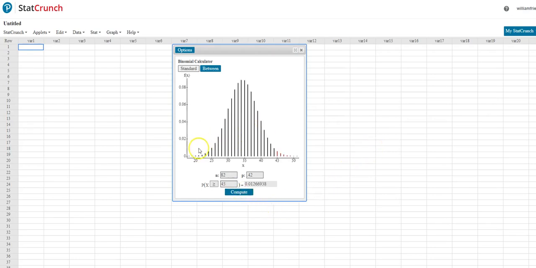So here's the nice little normal looking graph. The red part corresponds to the part that's greater than or equal to 45. And here's the probability, 0.012666938. So that's the probability that a team with a winning percentage or probability of success of 0.42 wins at least 45 games out of an 82 game season, about 0.013 if it's rounded off to 3 decimal places.